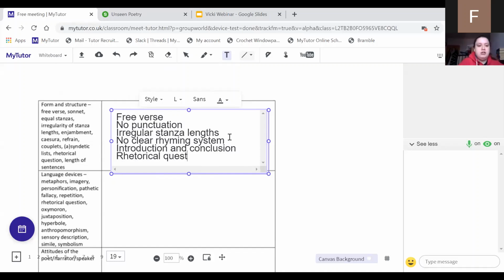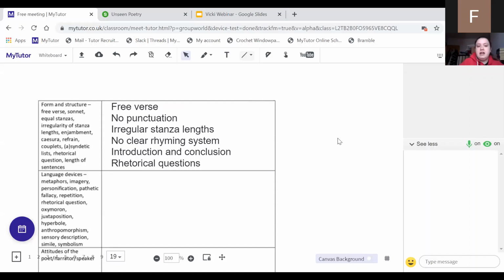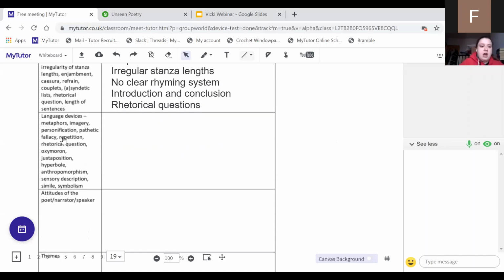So there's loads you can say about form and structure. Refrain, absolutely loads. This is a really nice one, I think, for form and structure. I'm not going to fill in the language devices one, just because we've pretty much done that actually on the text itself.